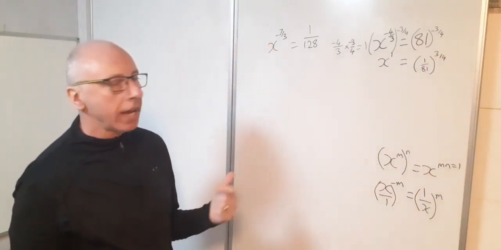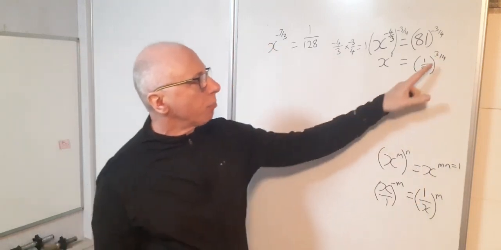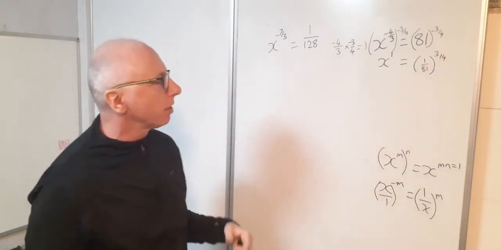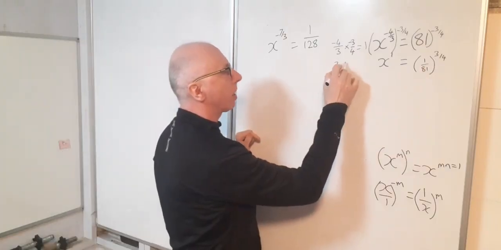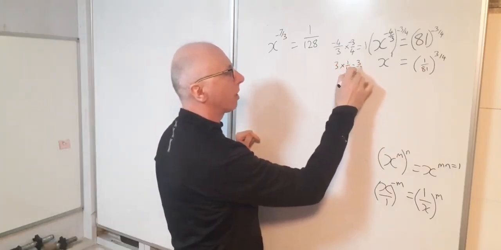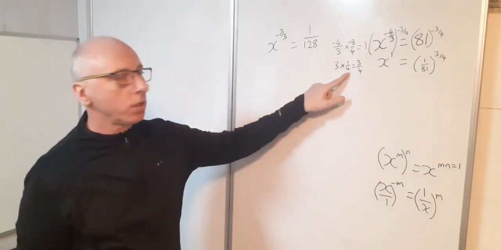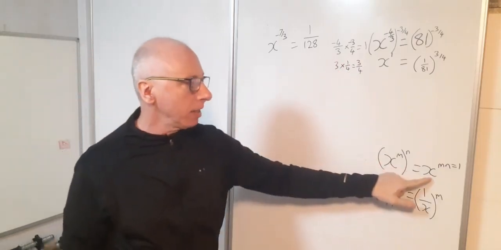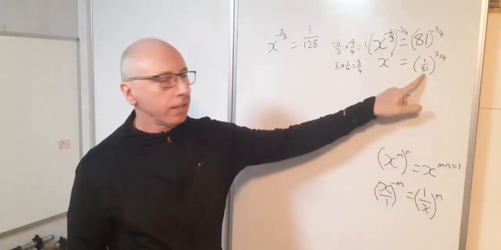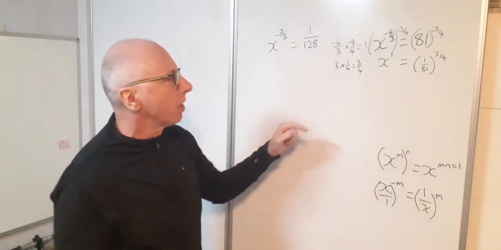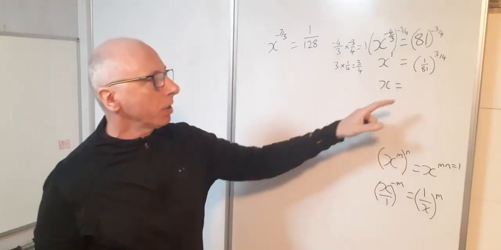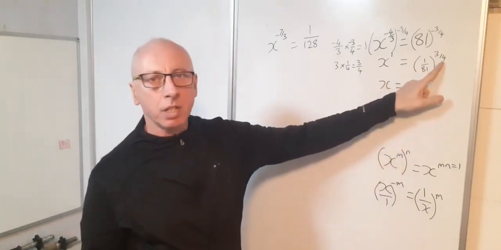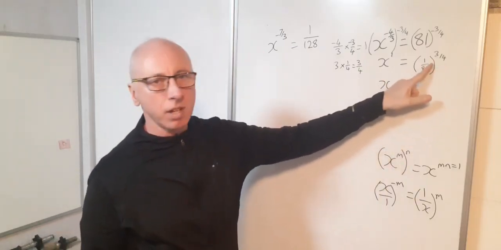Now what I can do is break this 3/4 indice apart. 3/4, we can write that as 3 times 1/4. So using that fact, we can go back to this property and apply it. So then we've got x equals, and I'm going to bring the quarter inside.